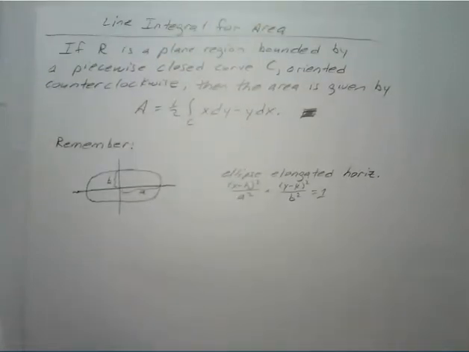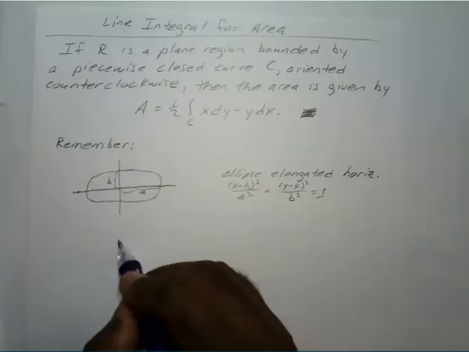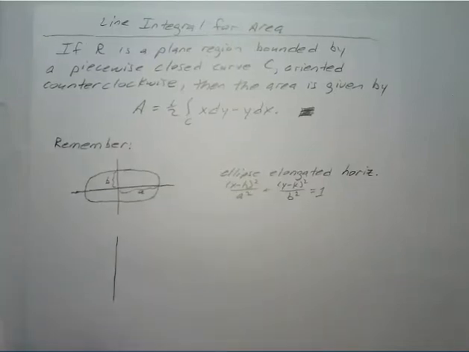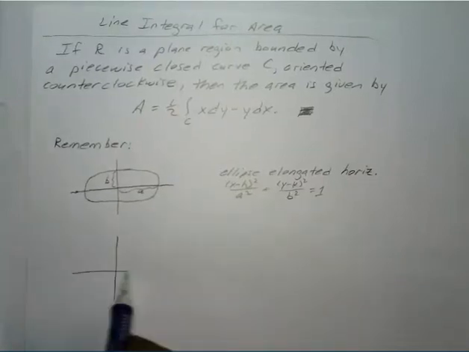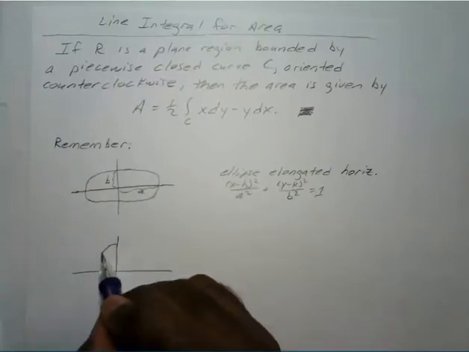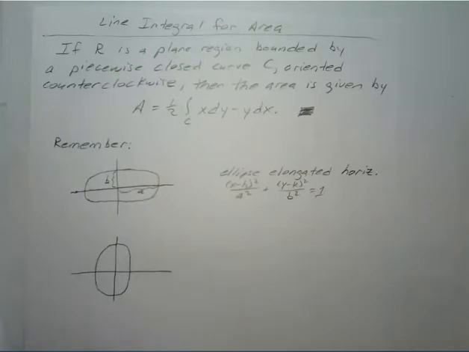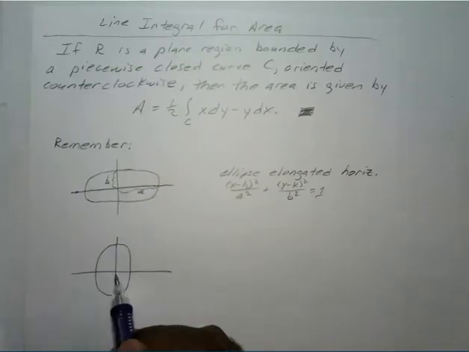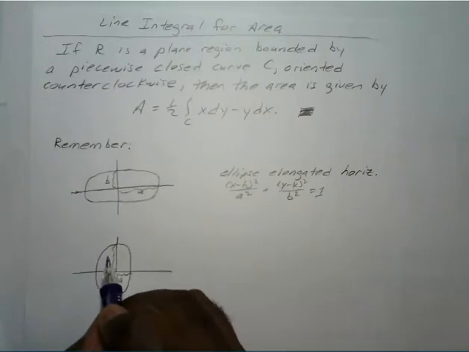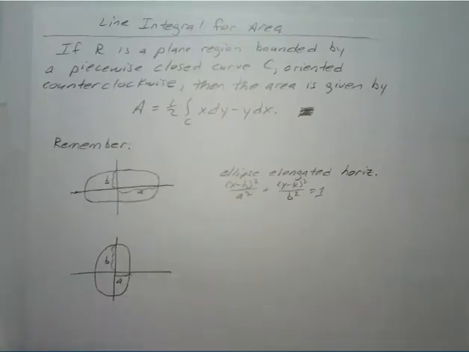Now, if it's elongated vertically, it's a little bit of a switch up, but not much. If you elongate it vertically, and again, it may not look like an ellipse, but you knew before you started watching this video that I cannot draw, so use your imagination.